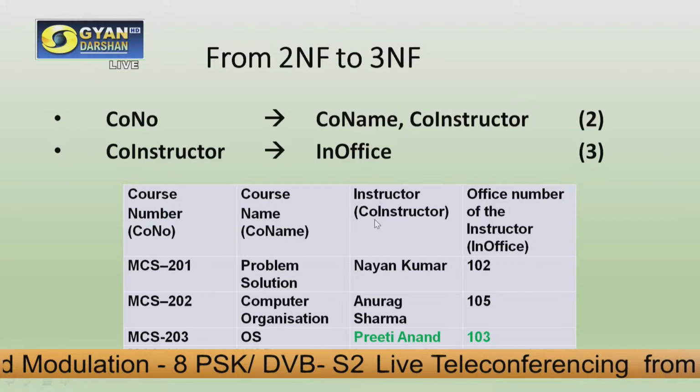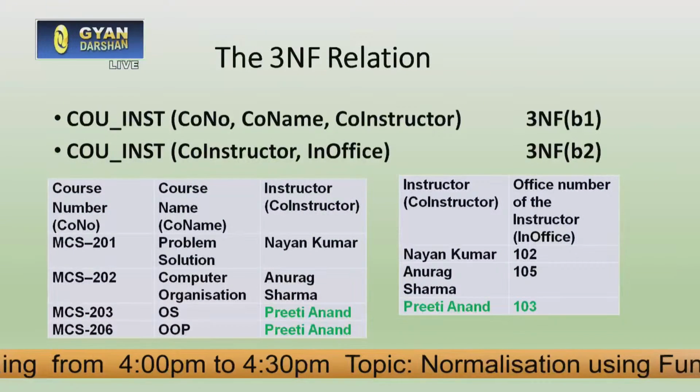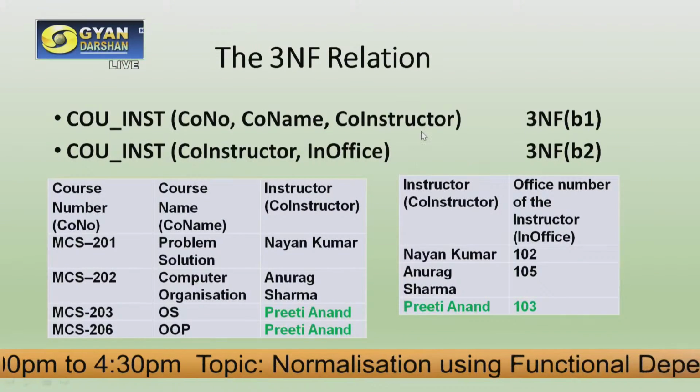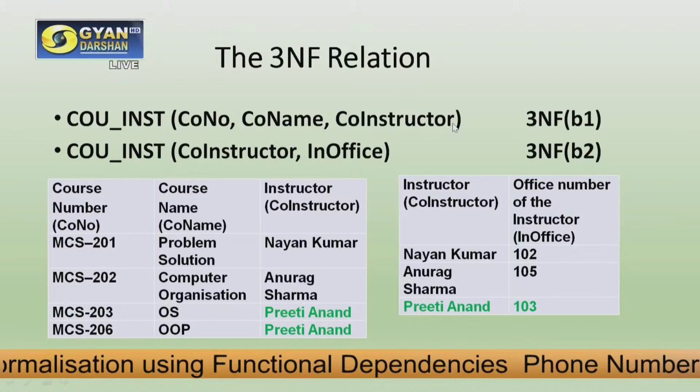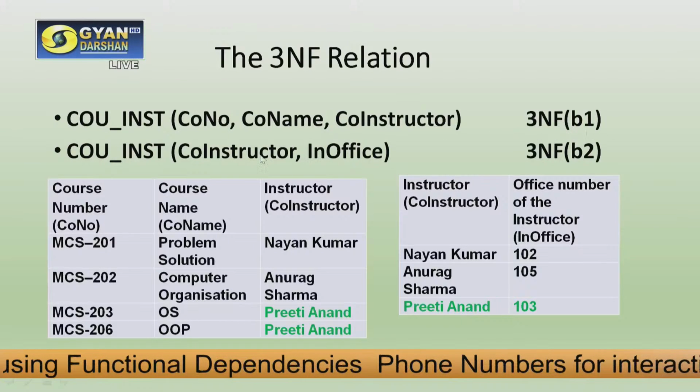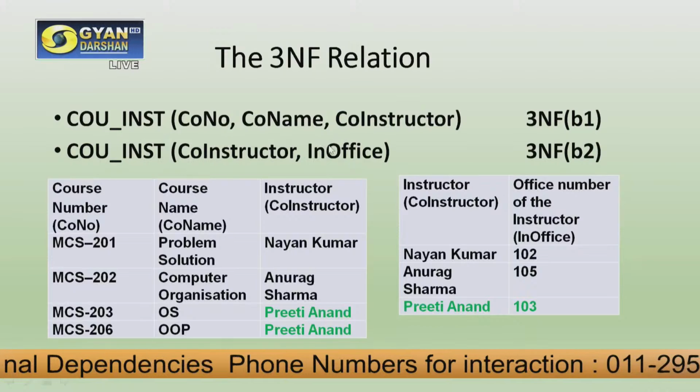So if we want to decompose this table, we can simply break it into 3NF tables with the help of these two functional dependencies. So course number, course name, and course instructor. This is in 3NF. Similarly, course instructor and office.